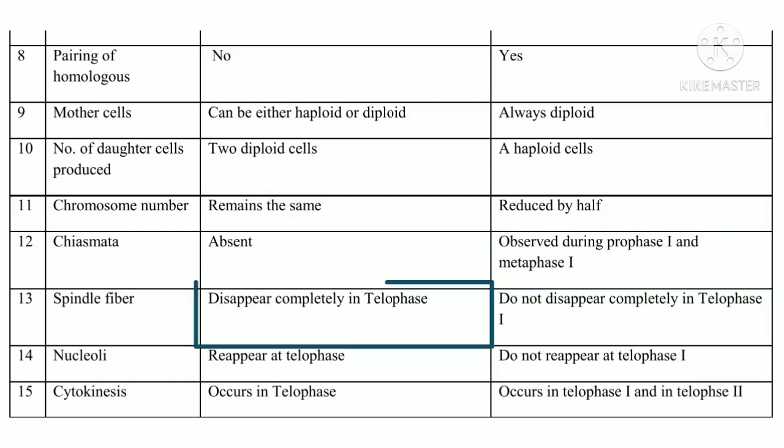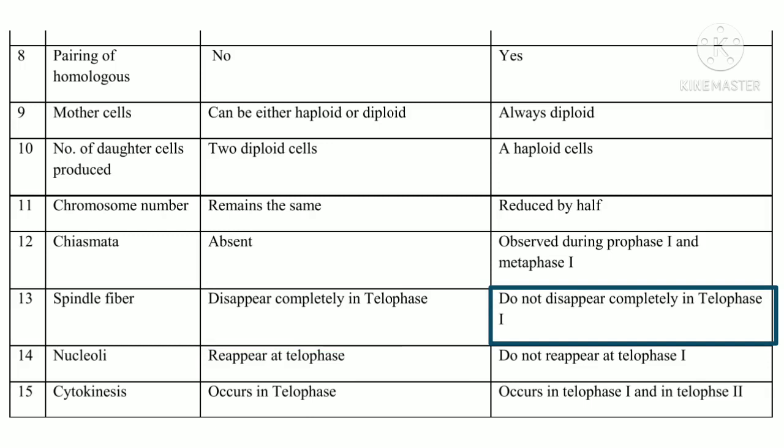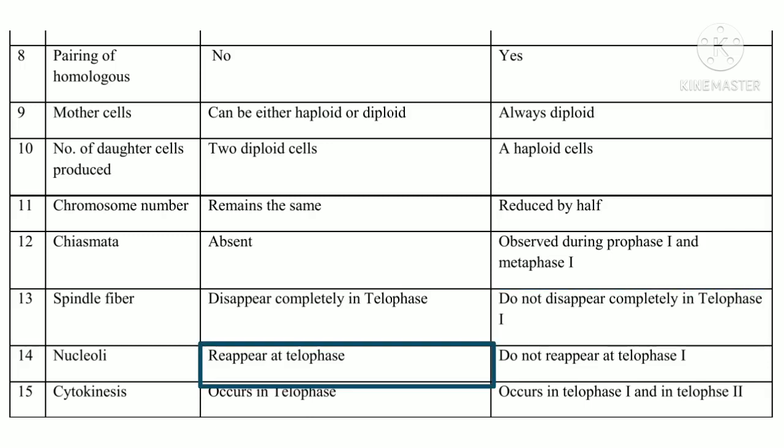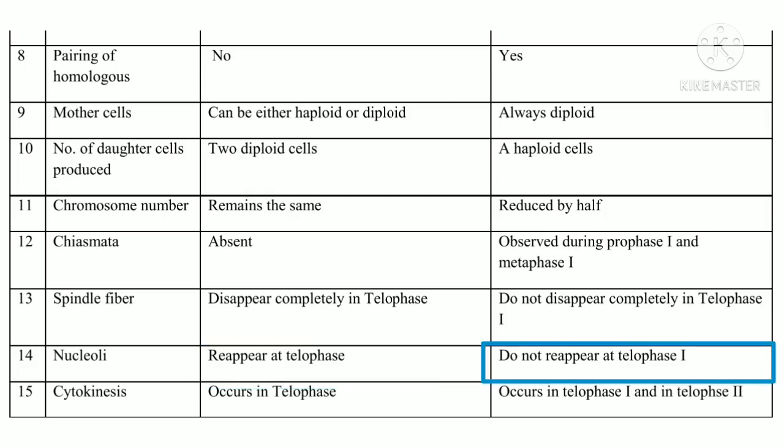The spindle fiber disappears completely in telophase in mitosis, but it does not disappear completely in telophase I in meiosis. Nucleoli reappear at telophase during mitosis cell division, whereas they do not reappear at telophase I during meiosis cell division.